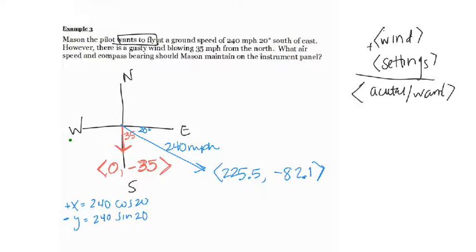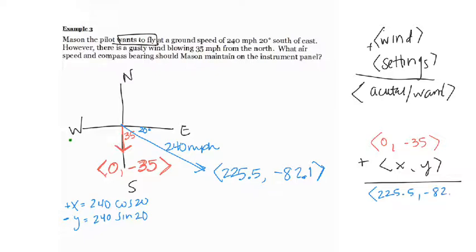So now I need to set this up in what I have up here. So my wind was 0, negative 35. I don't know what my actual settings are. They're going to be x and y. And I want to land at 225.5, negative 82.1. So you've basically come up with a subtraction problem here where 0 plus what gives you 225.5.